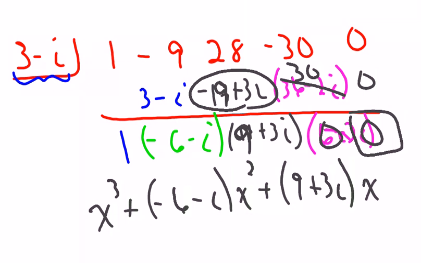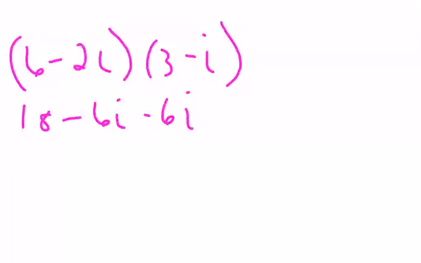Sounds really weird, but now we need to take this polynomial and its coefficients and do synthetic division with this one's conjugate pair. Okay, so let's do that synthetic division. So now we're going to use the 3 plus i to go in the box.